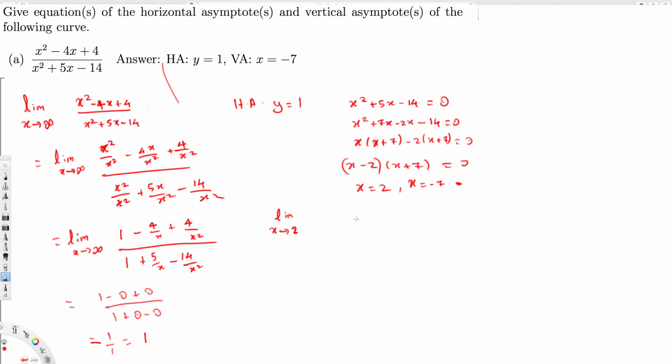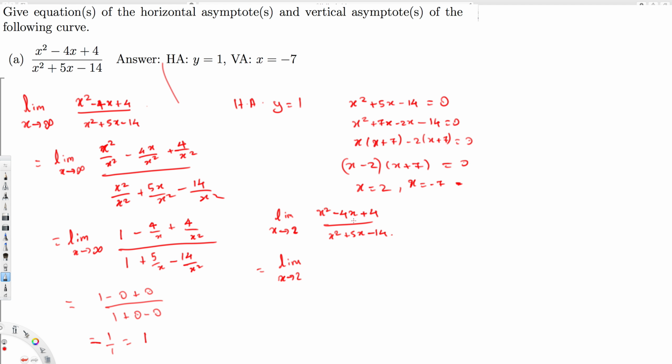So in this case, if I plug in the 2 right here, let's take this equation: x square minus 4x plus 4 over x square plus 5x minus 14. The first thing we have to do is, if we can factor, we factor right away, with x approaching 2.